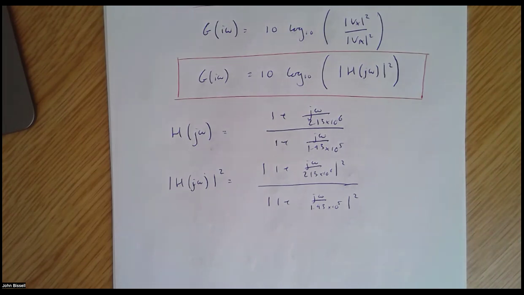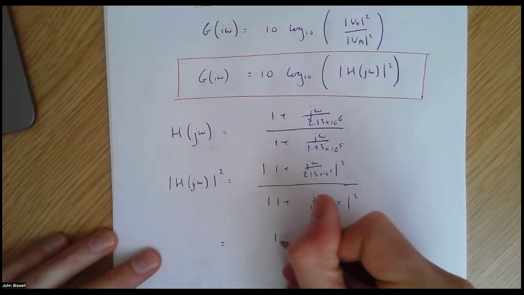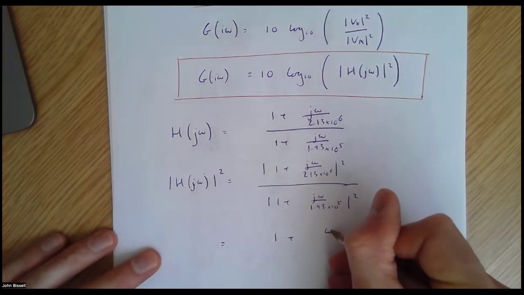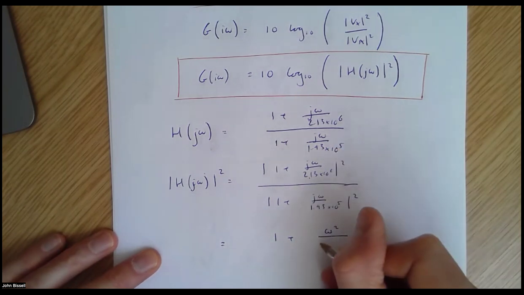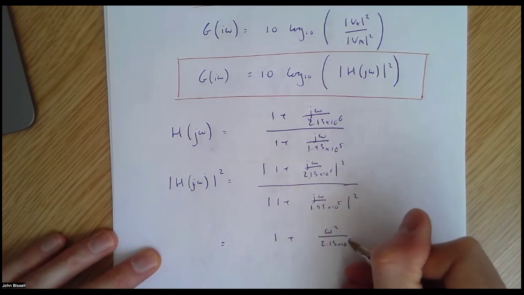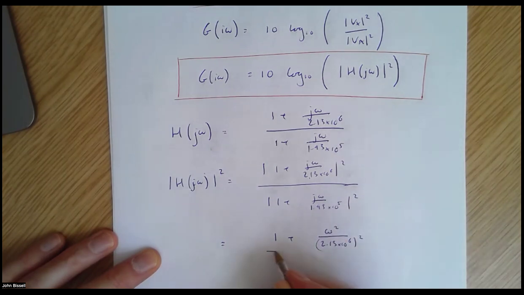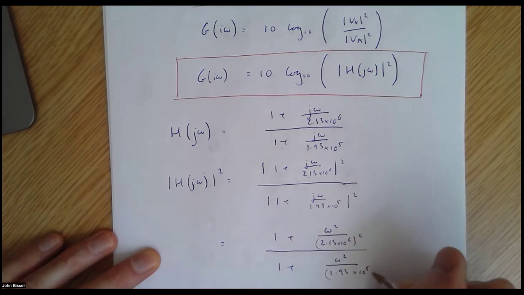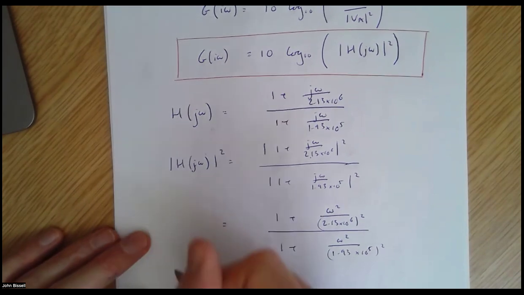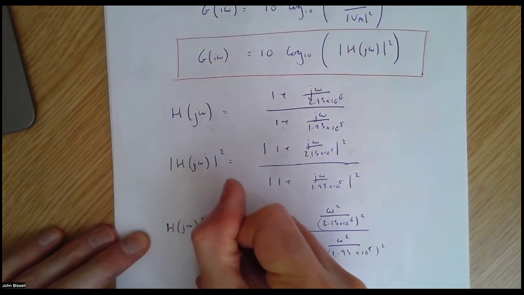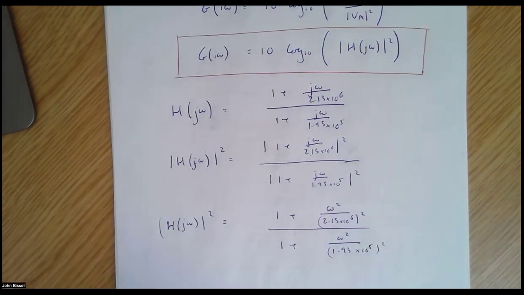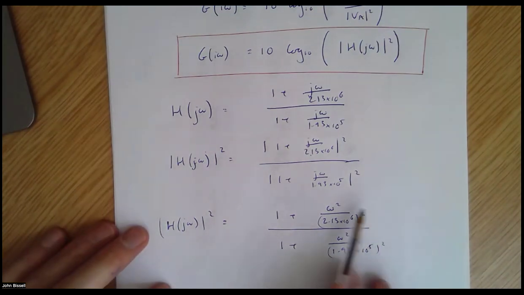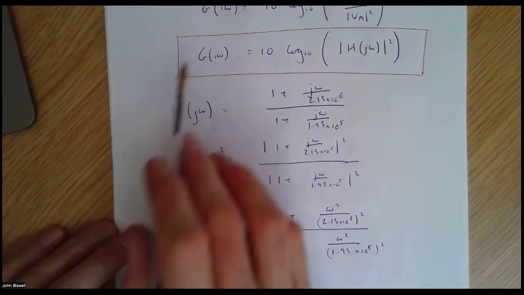So that thing there is going to be 1 plus omega squared over 2.13 times 10 to the 6 squared, over 1 plus omega squared over 1.93 times 10 to the 5 all squared. Happy with that? So this is what's going to go into our gain.